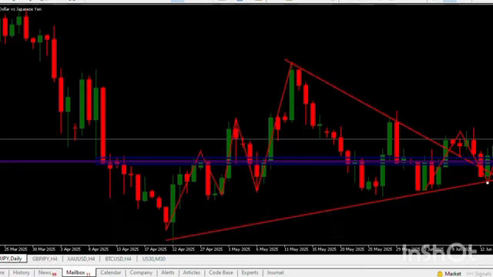So I am expecting that trade at this very level here. We can see there's a resistance, we can see there's also a rejection. There's already a rejection in this part.